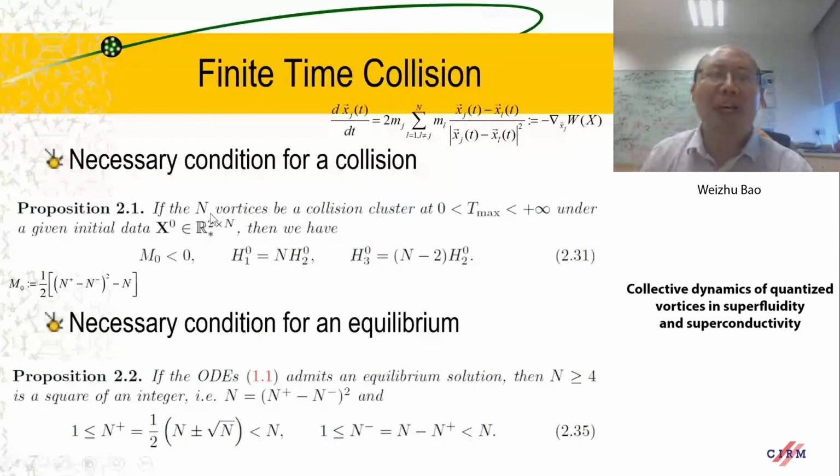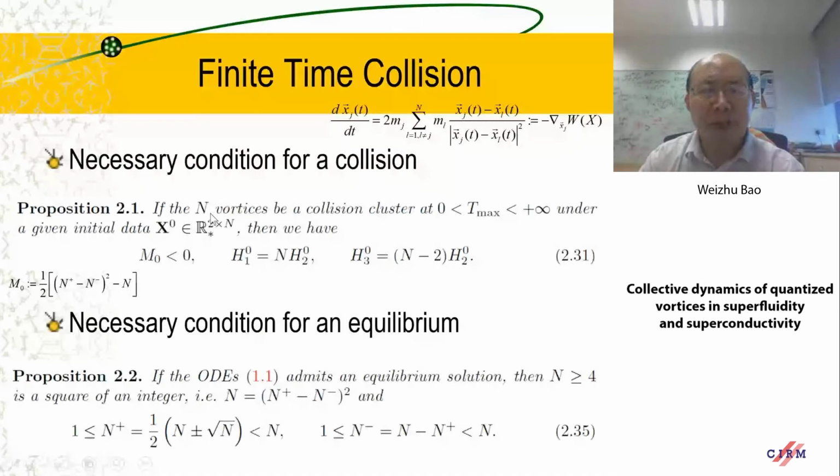Then we also have some collision pattern if n equals 3. Here, suppose I have M1 equal M3 equal 1 and M2 equal minus 1. Then we show that if initially the 3 vertices are on a triangle with two segments of the same length, then the 3 vertices will merge, will collide at x0, the center of the triangle, something like that, and the collision time is equal to h10 over 12.